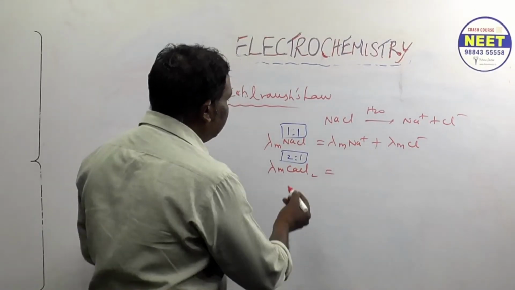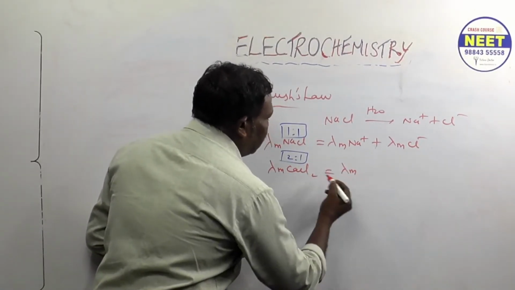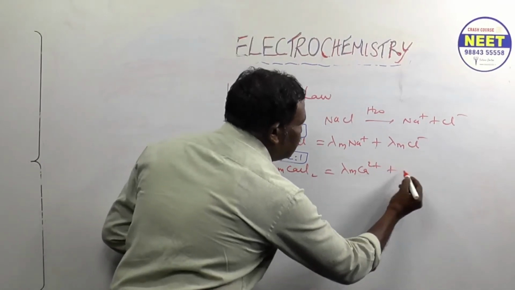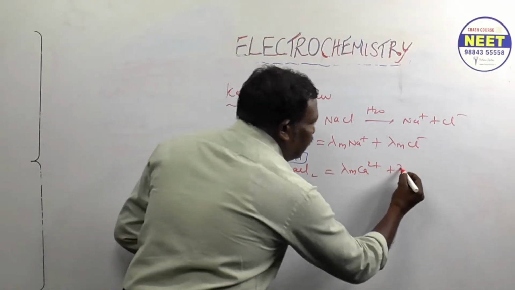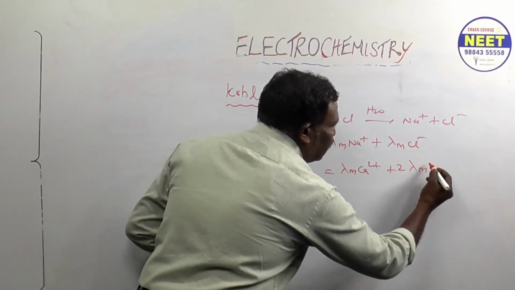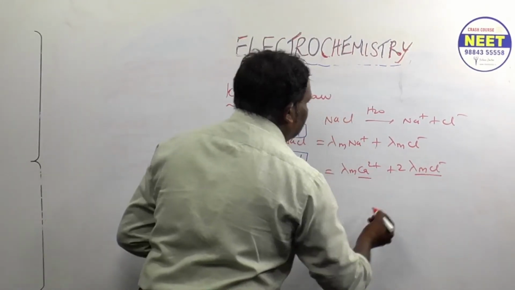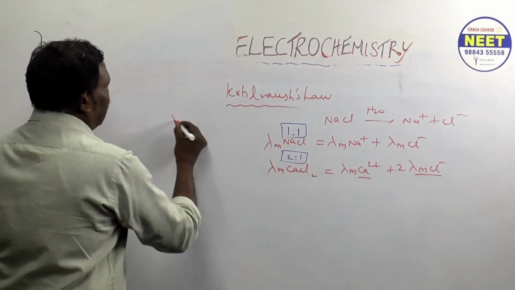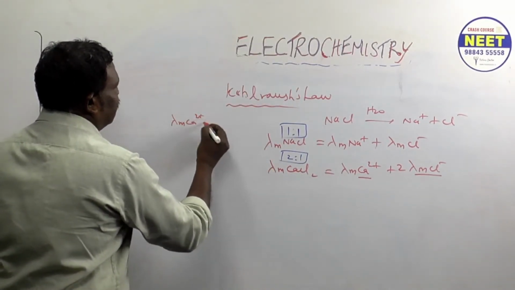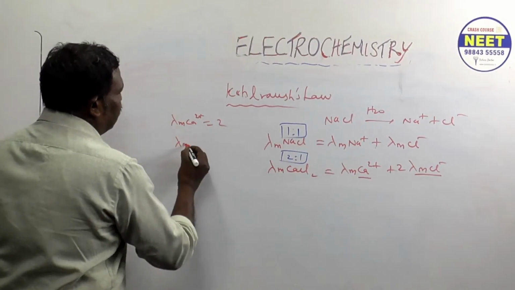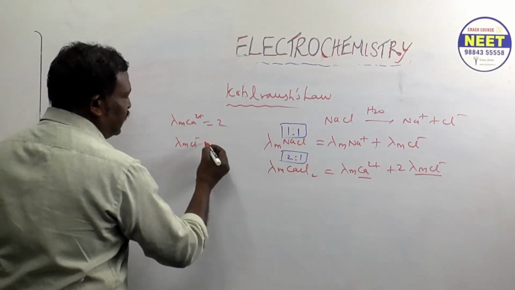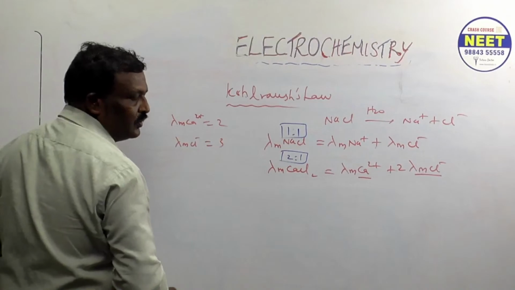How to split? Lambda m naught is lambda m of Ca2 plus, plus 2 times lambda m of Cl minus. The 2 times is very important. They will give the values. Suppose lambda m of Ca2 plus is, for example, 2, and lambda m of Cl minus is 3.